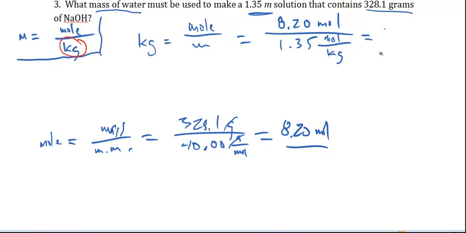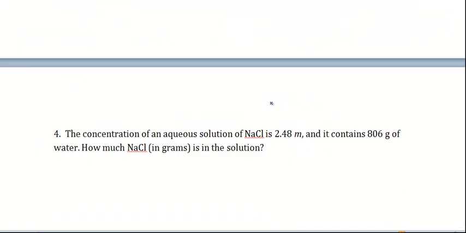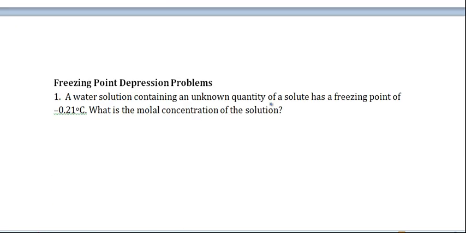Your final answer here will be 6.08. Hopefully you can see that the moles cancel. You have kilograms in the denominator of the denominator, so you get kilograms as your final unit. Hopefully this gives you a little bit of help on the molality problems.